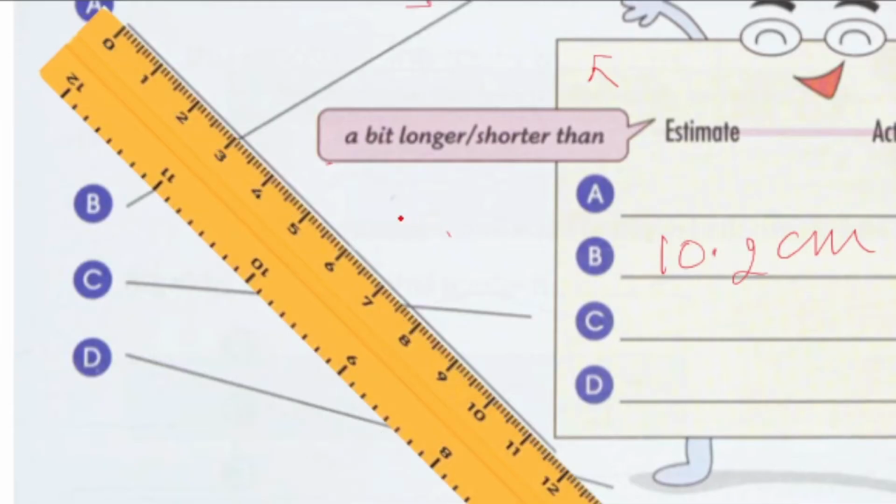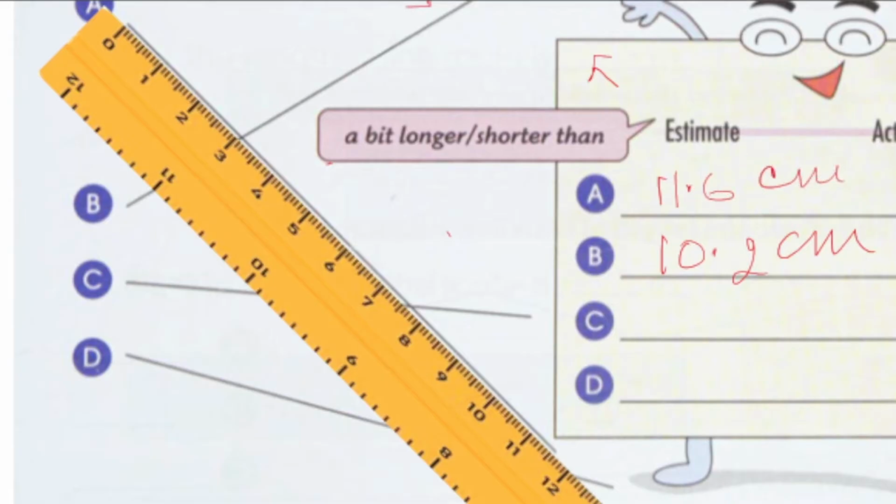Well, now I am measuring line A. This is 0 and this is the beginning of the line and this is the ending of the line. So this is 11, 11.5, and it is slightly forward than the half line. So now I can write it as 11.6 centimeter.